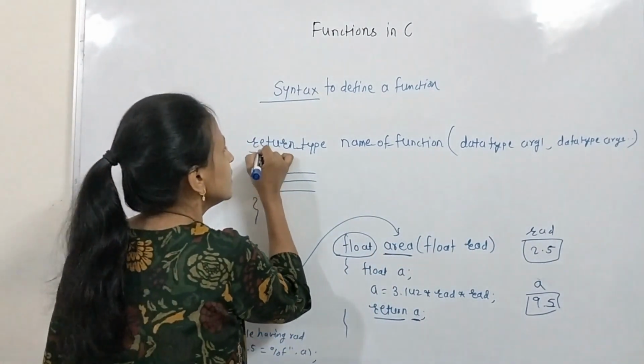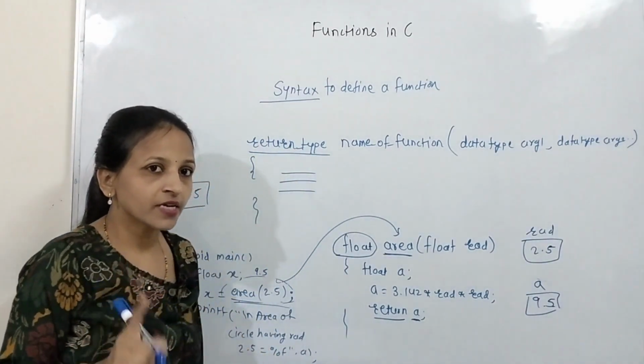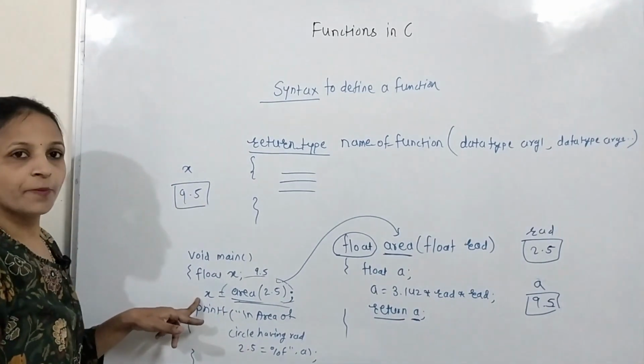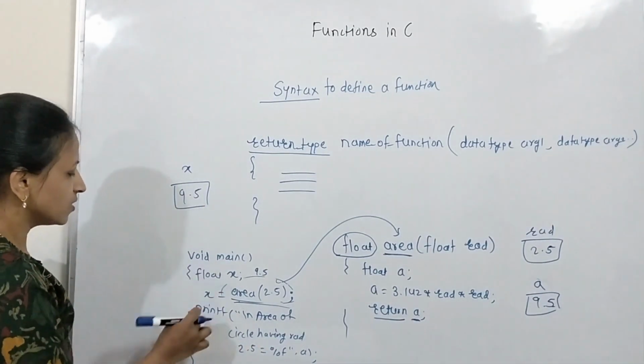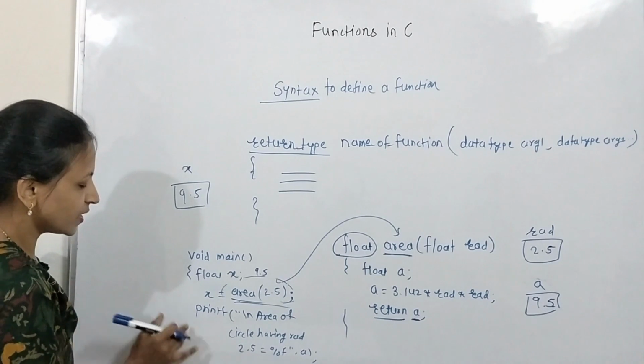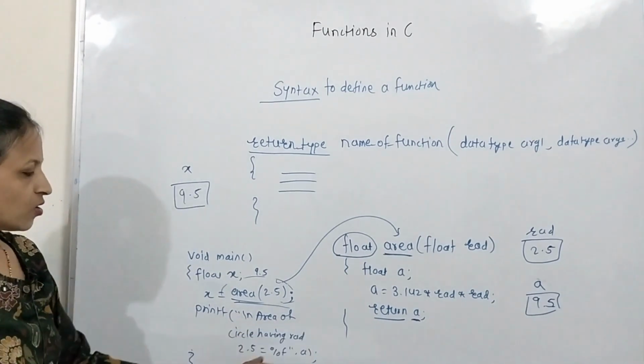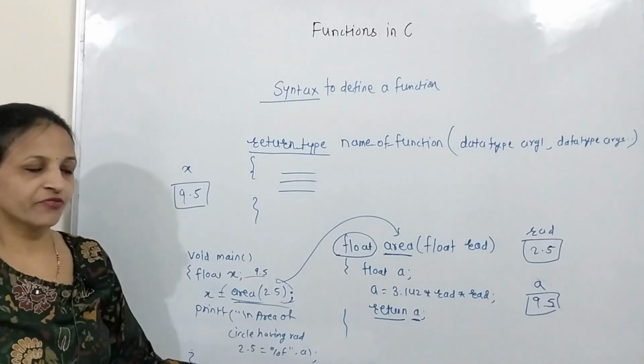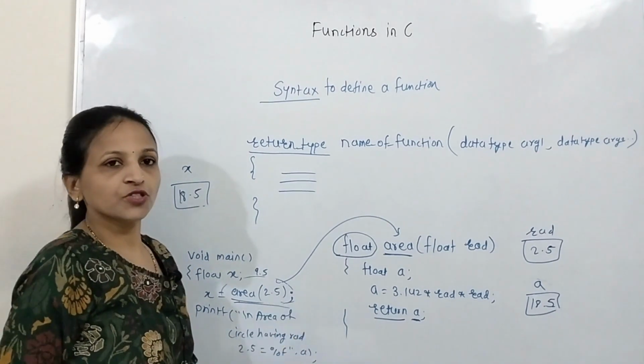This is nothing but the return type. Getting? Now here that will get returned and copied inside x, and after that this statement will get executed like area of circle having radius 2.5 is equal to 9.5. In this way the function execution will be there.